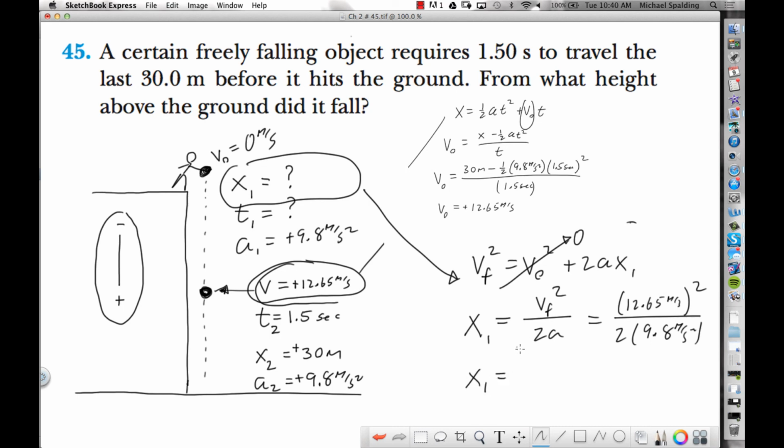So x1 comes out as 8.2 meters. So we now know the total height the ball was dropped from: 30 plus 8.2 meters. What's the total height here? 38.2.